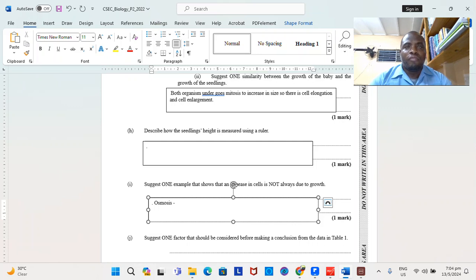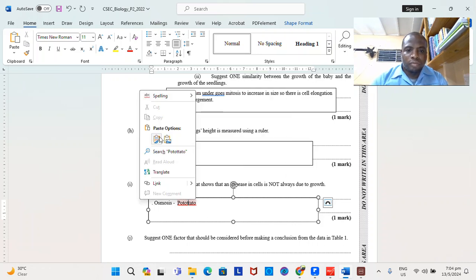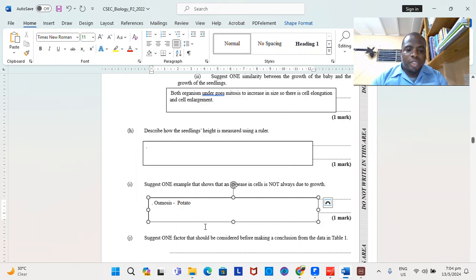So if you talk about potato strips being placed in distilled water, they will increase in size due to water entering the potato.